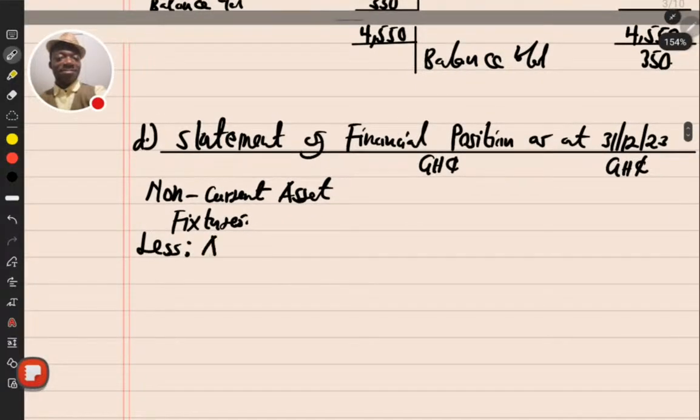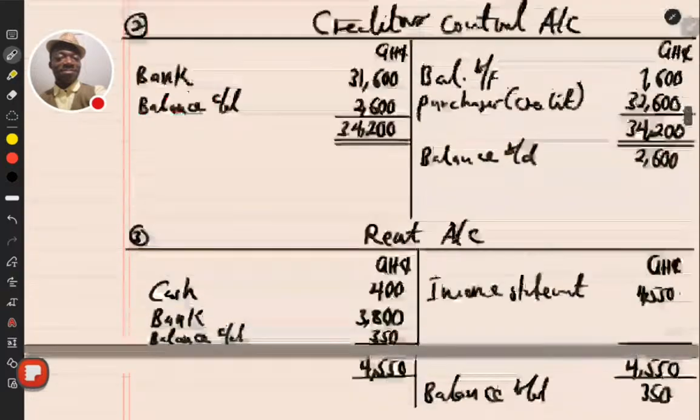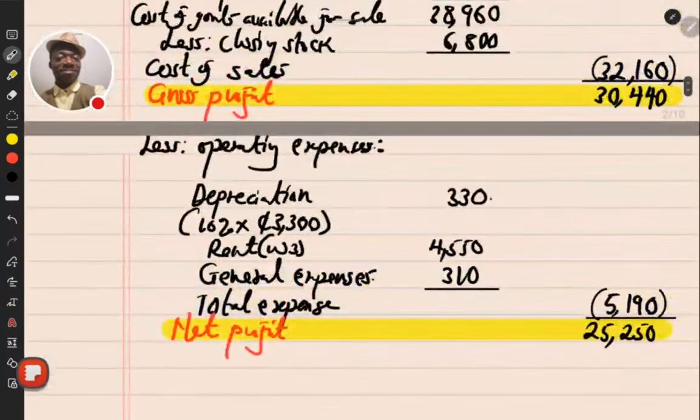So we're going to have less accumulated depreciation. It is accumulated because we want to know the depreciation that we have provided so far, from the year 2022 to 2023. So what will be the total? What was the depreciation that we provided for the year 2023? It was what? 330.